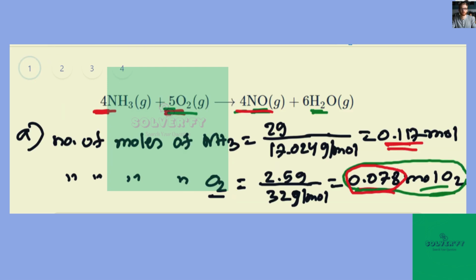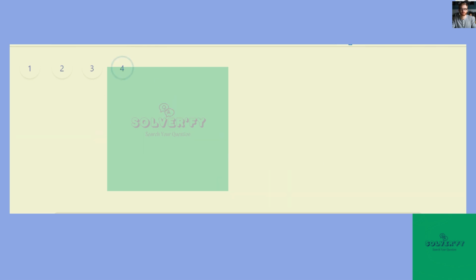So again, from here you can see 5 mole of O2 can produce 6 mole of H2O. We have to find how many mole of H2O will be produced from 0.078 mole O2. So 5 mole O2 will produce 6 mole H2O.